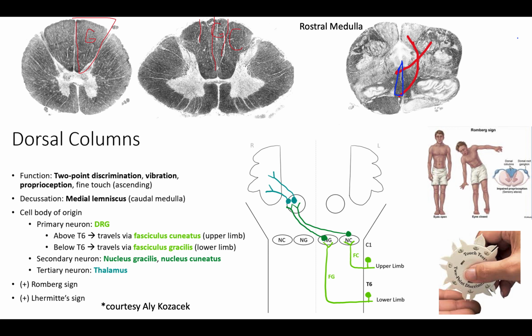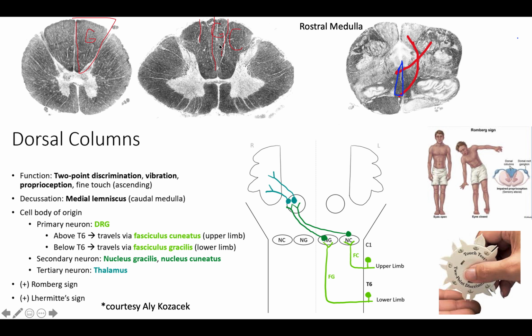Once you get above T6, you're going to start seeing two different divisions in the back of your posterior spinal column. This is going to be your fasciculus gracilis and your fasciculus cuneatus. The gracilis, like I said, does your legs, and the cuneatus will do your arms.